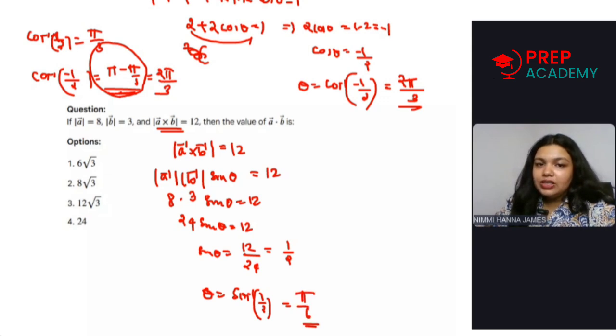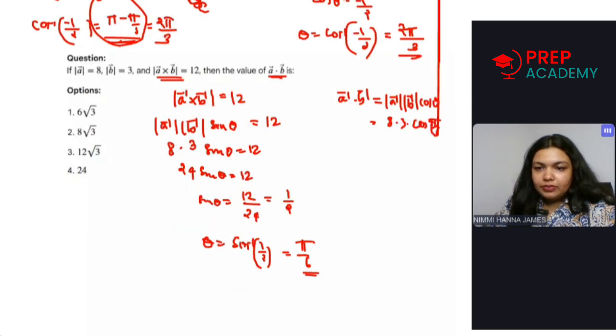What we wanted to find was A dot B. By definition, A dot B is mod A mod B cos theta. We have mod A, mod B and theta now, so we can solve it. Mod A is 8 and mod B is 3 and cos theta is cos pi by 6.